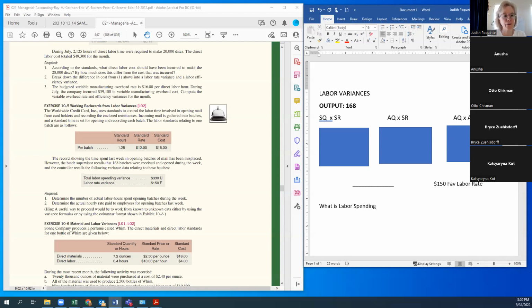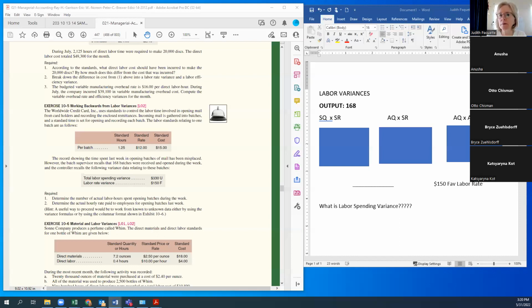What is labor spending variance? Put it in the chat if you know. Price times quantity? Nope. This might be a trick question.